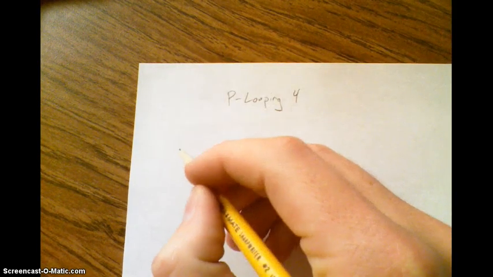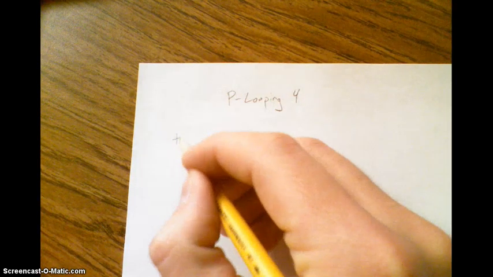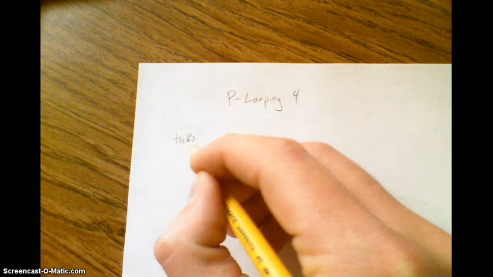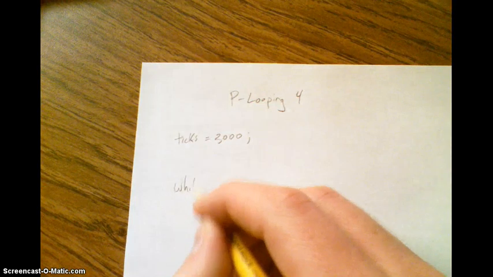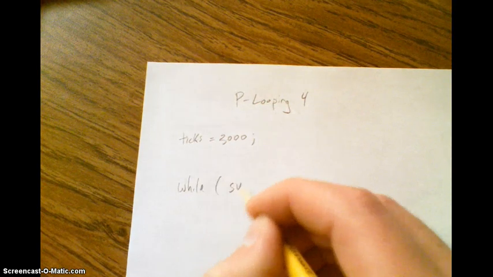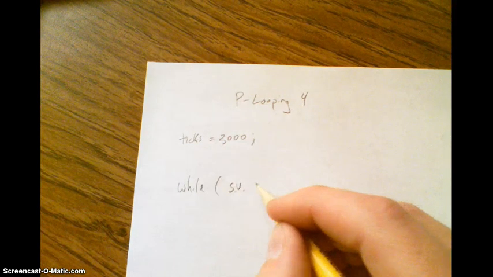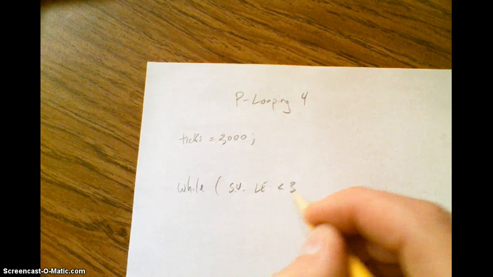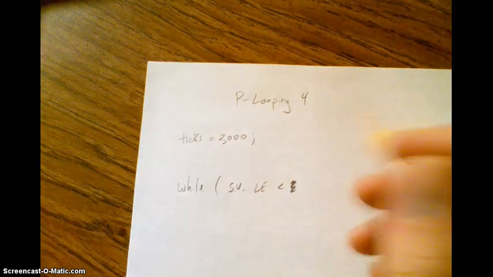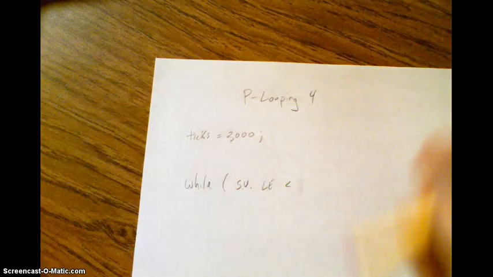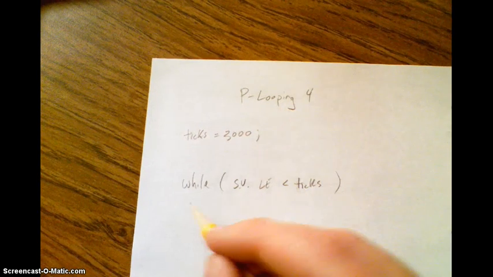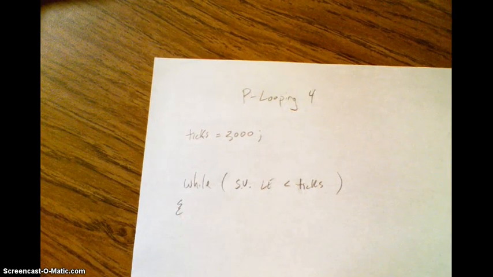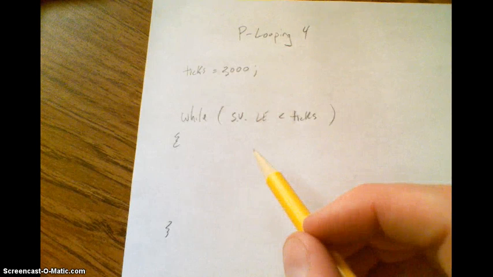Currently we have ticks as a variable, and in our program ticks is equal to, let's say, 3,000, and then we have a while the sensor value of the encoder is less than ticks. Then perform the auto straight and the P loop to slow it down.